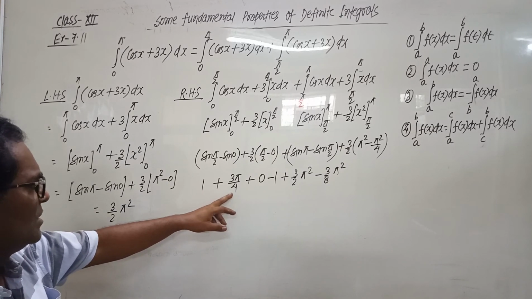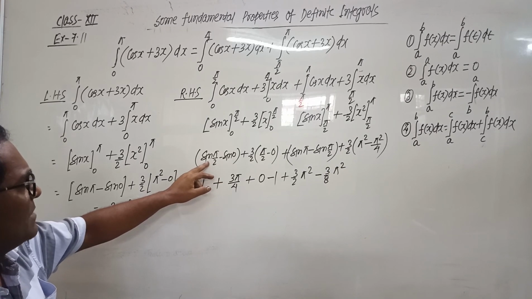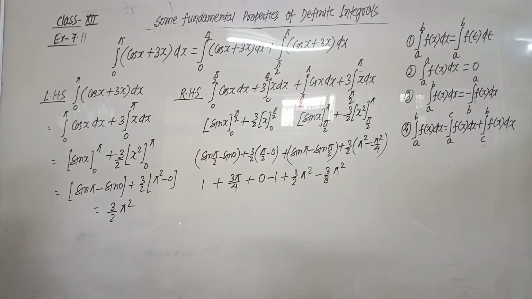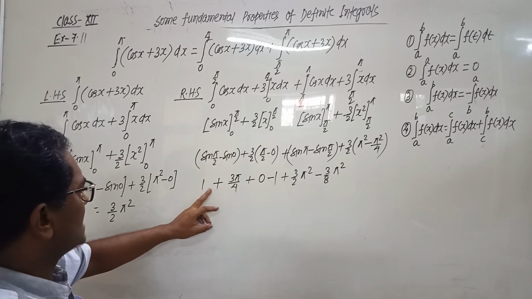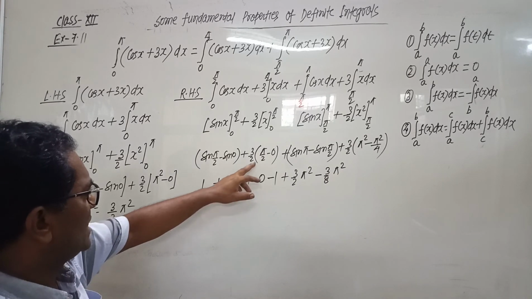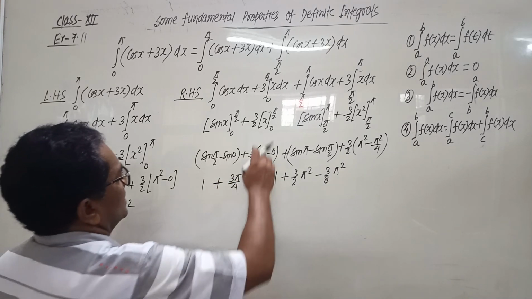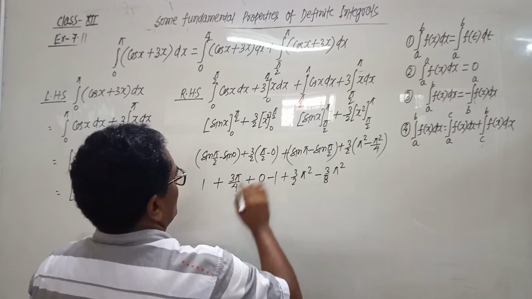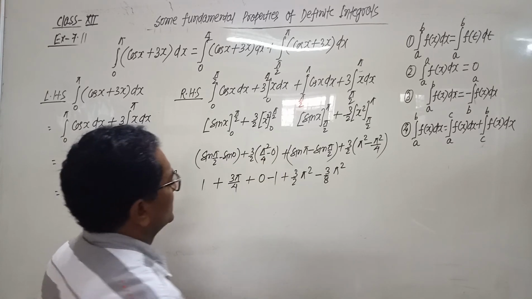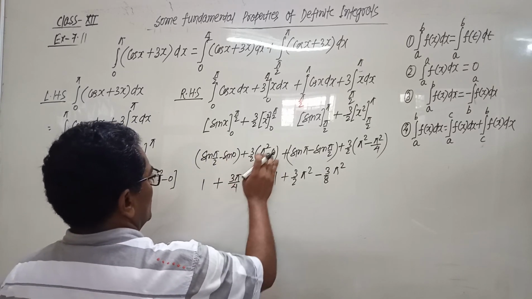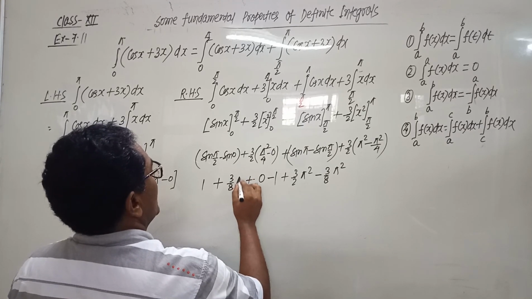So sin pi by 2 minus sin 0: sin 0 is 0, sin pi by 2 is 1, and then 3 by 2 into x square, which means pi square by 4, so it becomes 3 by 8 pi square.